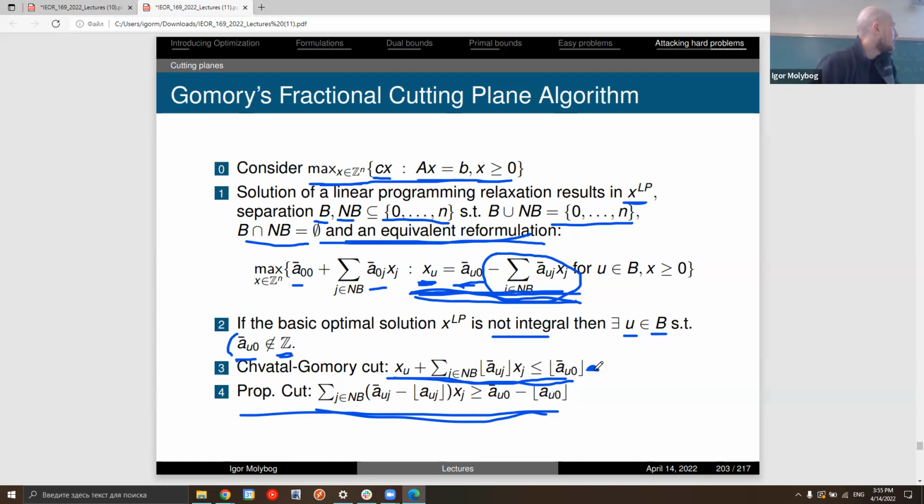It also needs to separate xLP, so xLP has to not satisfy this inequality because it's a cut. Why is that the case?